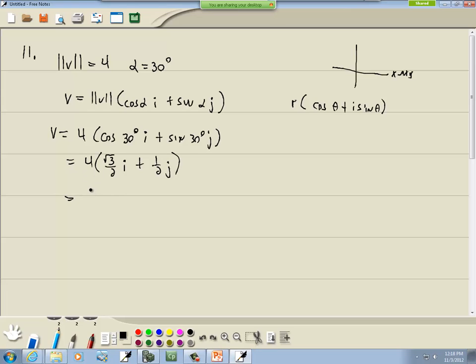Multiply the 4 through, and we got 4 square root of 3 over 2 i, plus 4 over 2 j, which gives us 2 square root of 3 i plus 2 j. And that's the vector that goes along with that magnitude and that angle.